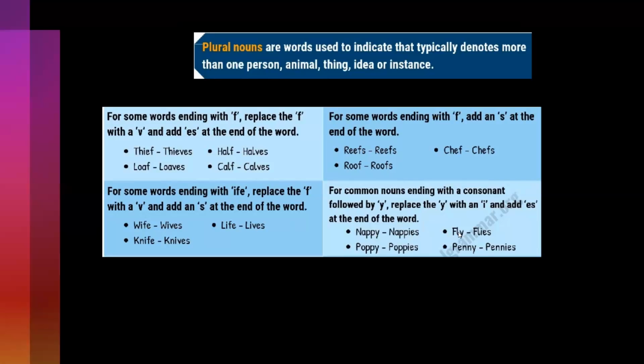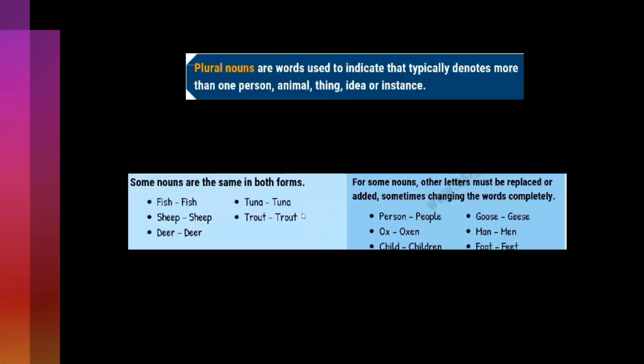But sometimes if there is a vowel before the Y, we only add an S. There are some nouns that have the same form for the singular and the plural.